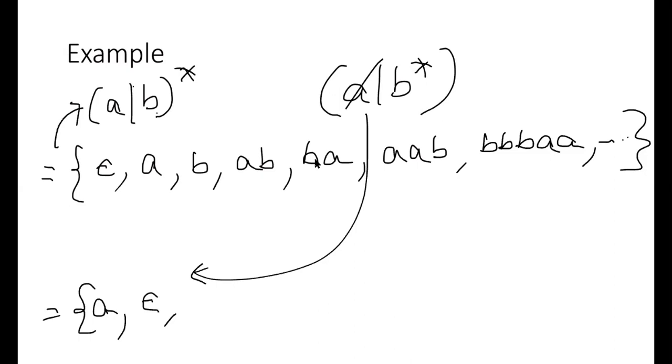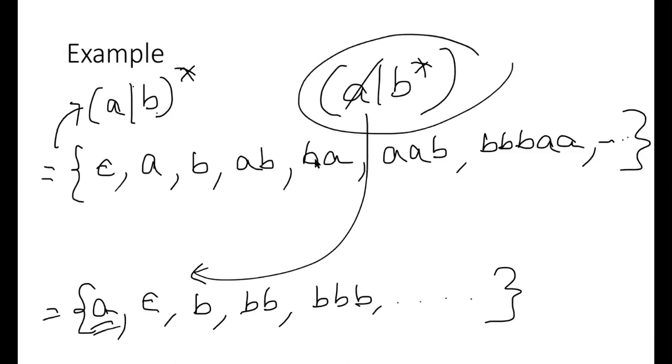Then I will have only epsilon, or B, or BB, or BBB. But here you can see there is no combination with A, because the star is associated with B, not with the whole expression. So this is why precedence is important.